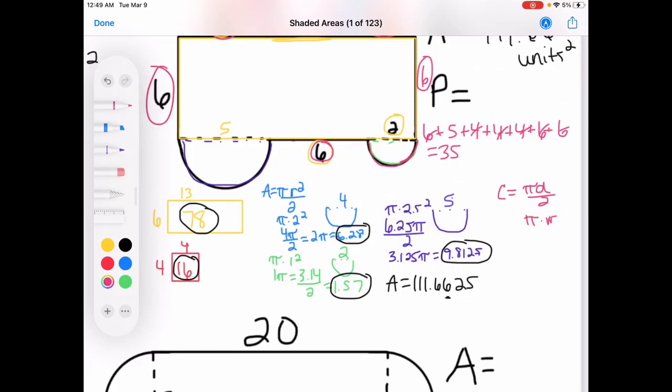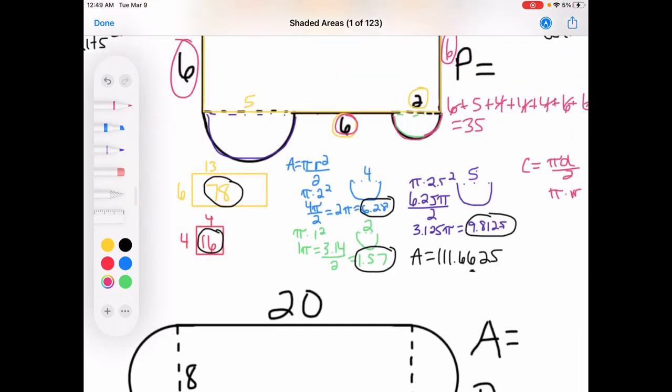So for semicircles, it's just pi times radius. So if my diameter is 2, then the circumference of this semicircle would be pi times the radius of 1. So pi times 1 would be 3.14. So I need to add that.